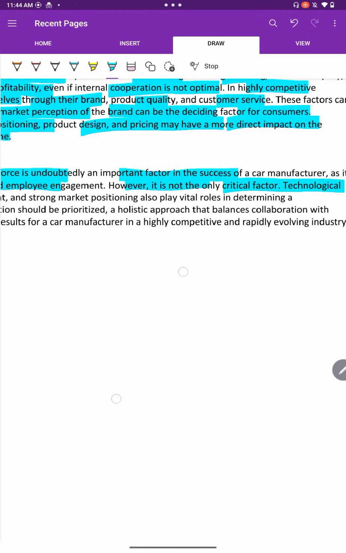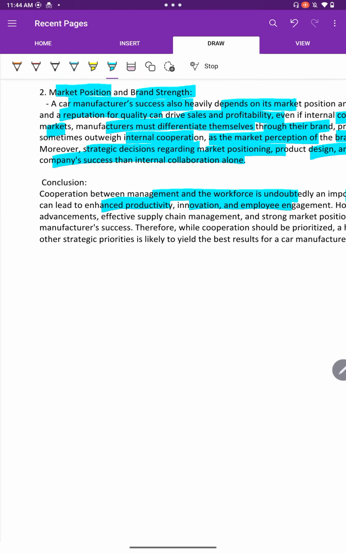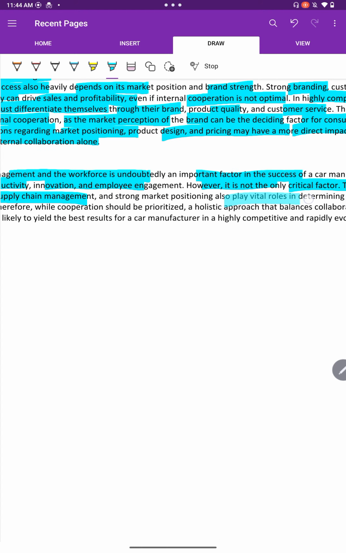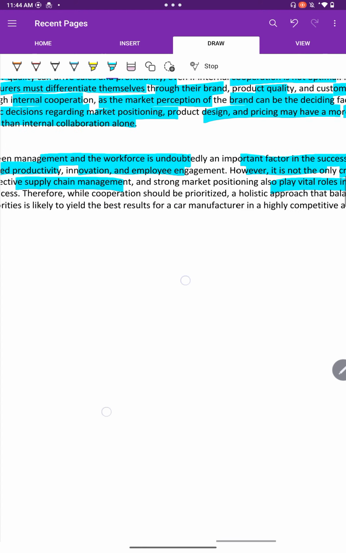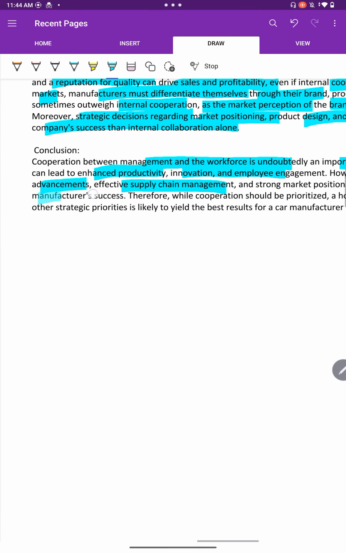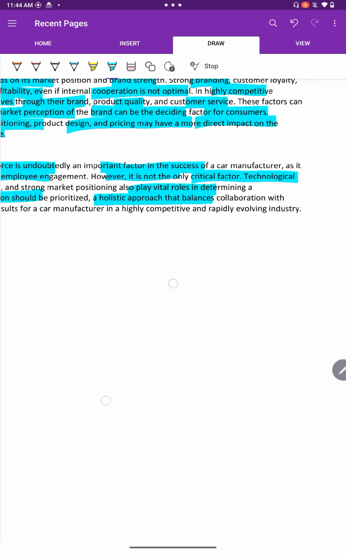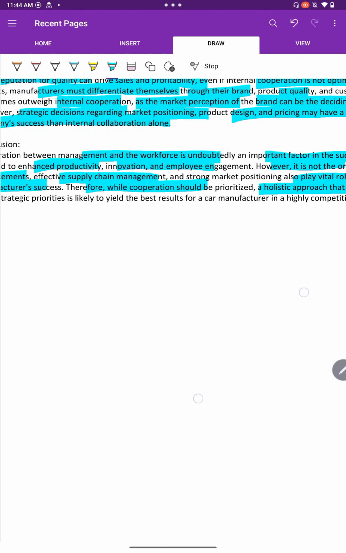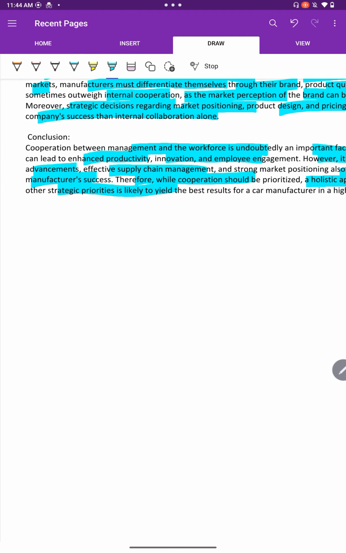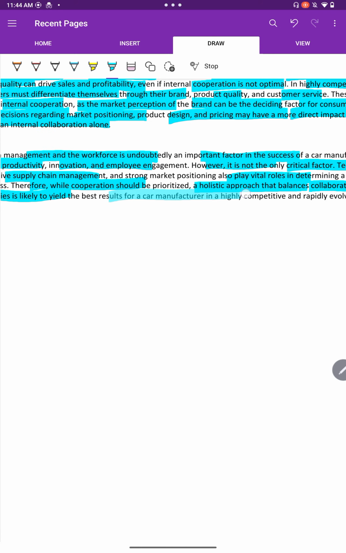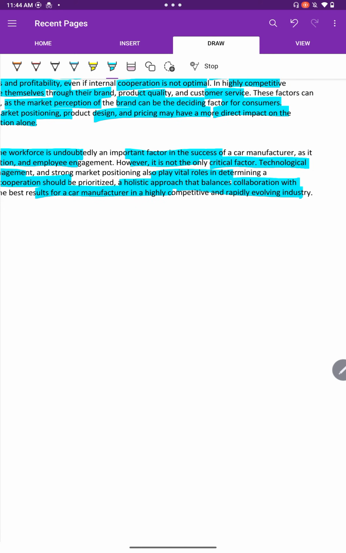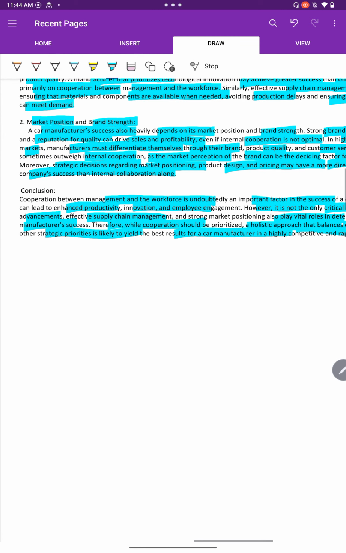Technological advancements, effective supply chain management, and a strong market position also play a vital role in determining a manufacturer's success. Therefore, a holistic approach that balances collaboration with other strategic priorities is likely to yield the best results for a car manufacturer in a highly competitive and rapidly evolving industry. So here I have basically supported one view.